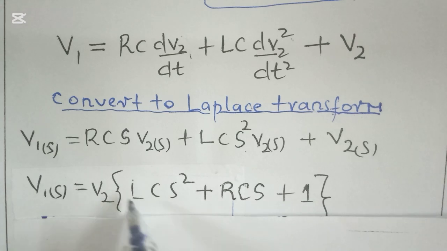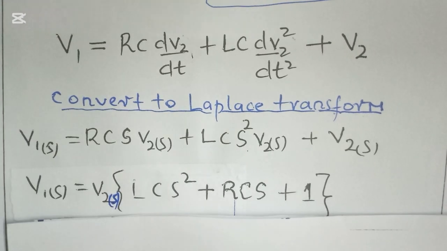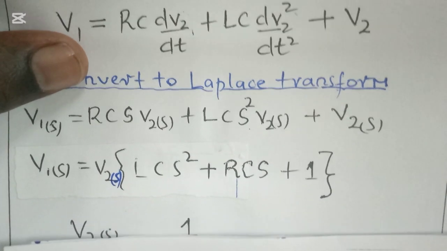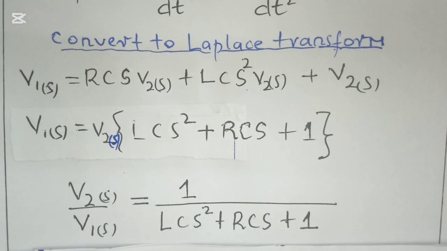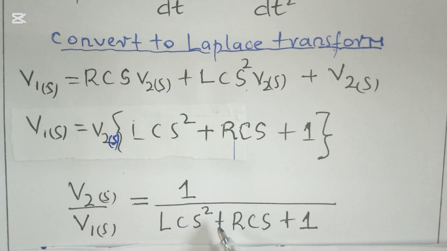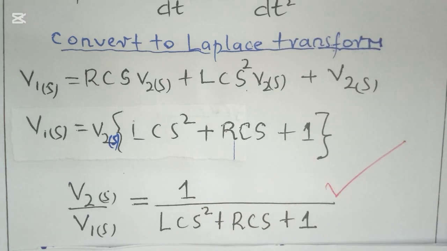This one has an s there. From there, we can write this. This is what we now have: V2(s) over V1(s) equals that. And so this is our transfer function for that circuit.